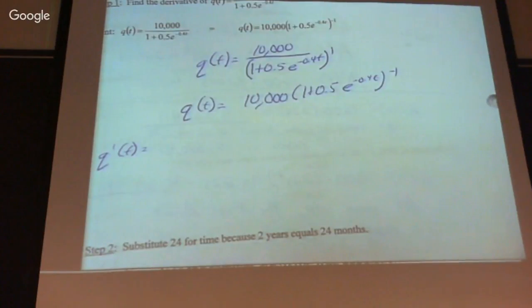Just the derivative, don't worry about simplifying. About another minute.